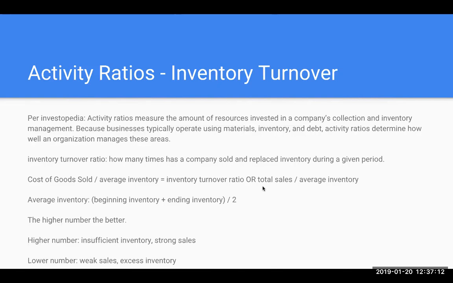The higher number is generally the better. A higher number can indicate insufficient inventory and strong sales, and a lower number can indicate weak sales or excess inventory. The inventory turnover ratio becomes extremely important for, say, a fashion company or a fashion-forward company where the inventory is constantly changing. So it's not a basic Amazon Basics black polo shirt that is going to be standard forever.